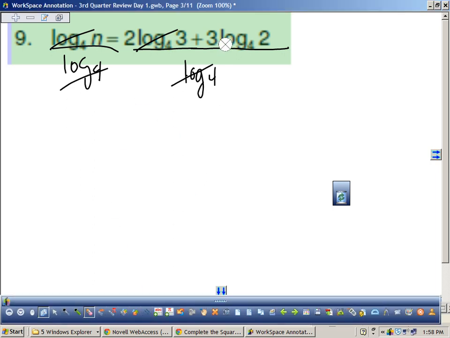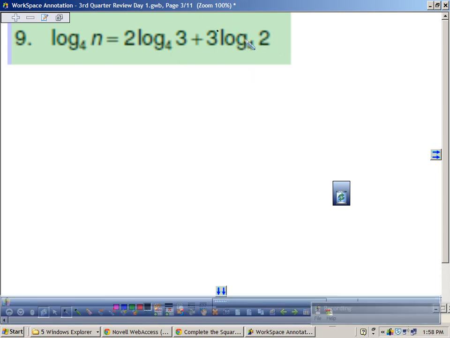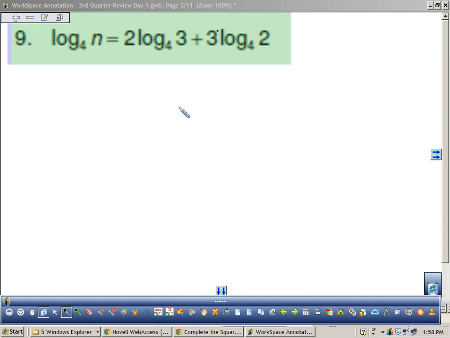So, before I can use the property of equality of logarithms, I have to get these two logs together. Okay? In order to get these two logs together, I use the properties. What properties could I use? I see an addition sign. I could multiply them.